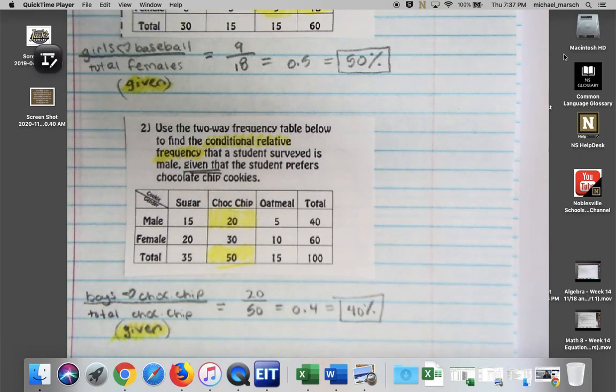Let me go grab the page that you're going to work on. So the substitute teacher will have these laid out on their desk.